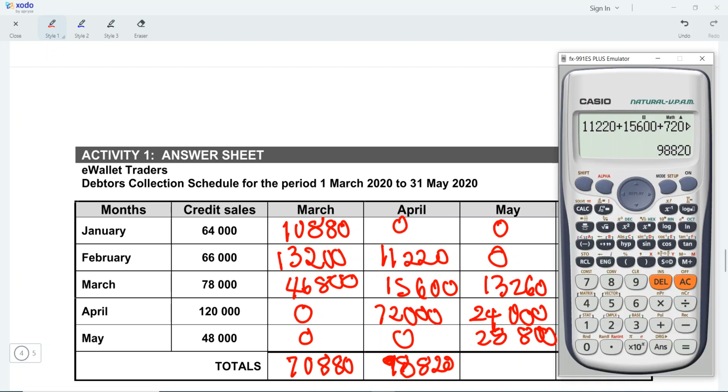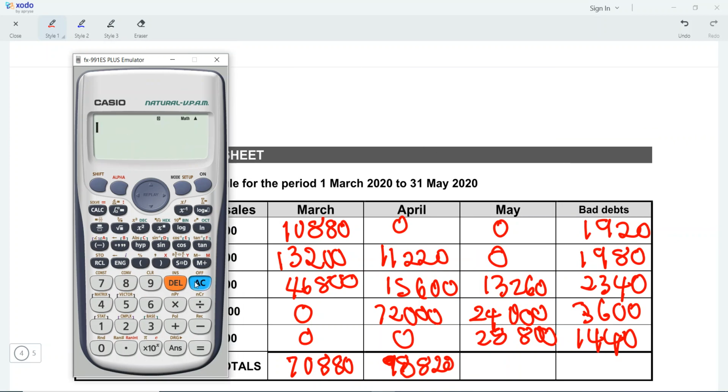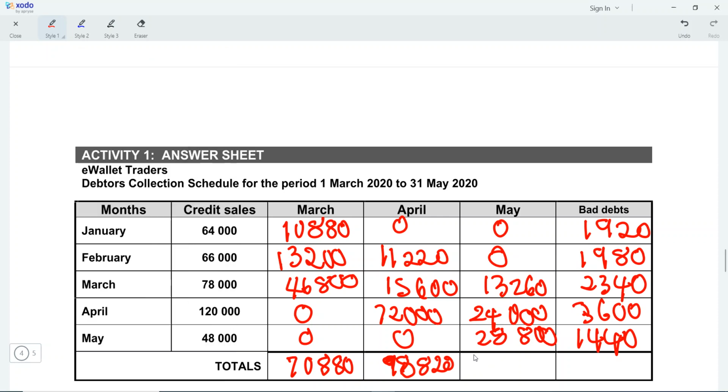You add also. I'll bring this to the other side so that I can add properly. So 13,260 plus 24,000, and then plus 28,800 will give us 66,060.